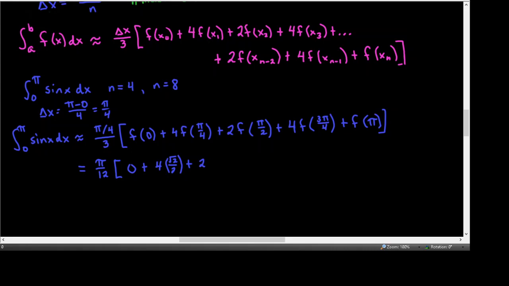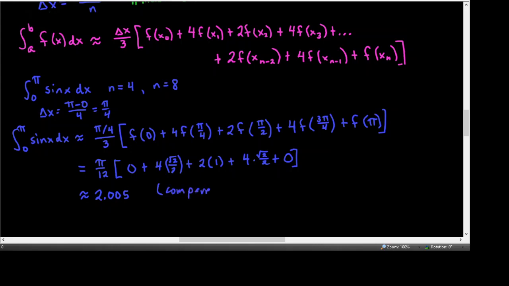Sine of pi over 2 is 1. Sine of 3 pi over 4 is square root of 2 over 2. And sine of pi is 0. That turns out to be approximately 2.005.